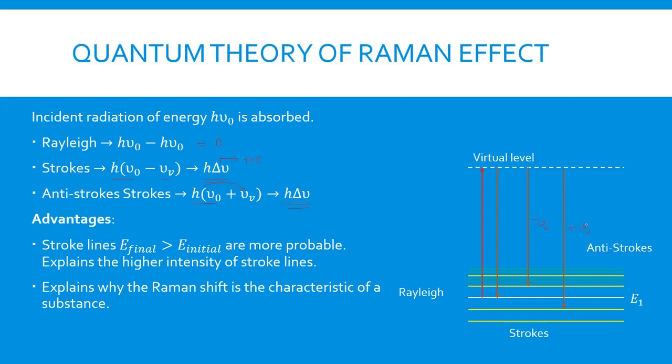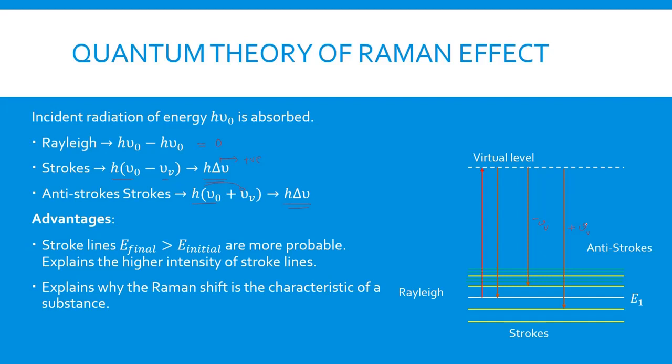Therefore, the Rayleigh lines are highly intense because the emitted and absorbed energies are the same. The Stokes lines are intense because the probability that the electron absorbs a higher energy and releases a lower energy is much higher. But the electron absorbing a lower energy and releasing a higher energy is unlikely and less probable. Therefore, the anti-Stokes lines must be less intense.